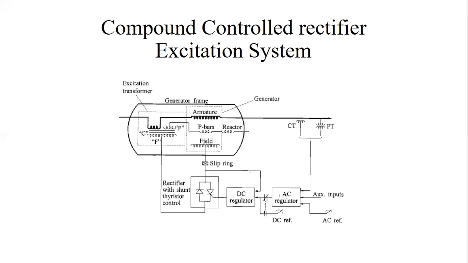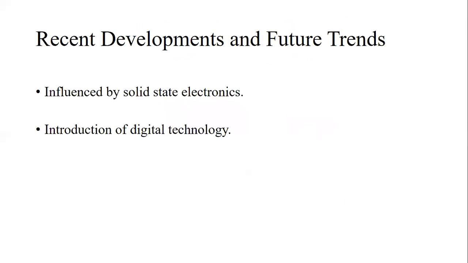So this is about different types of excitation systems which are used for the generator excitation. Let's see the recent development and future trends in the excitation systems of the generator.